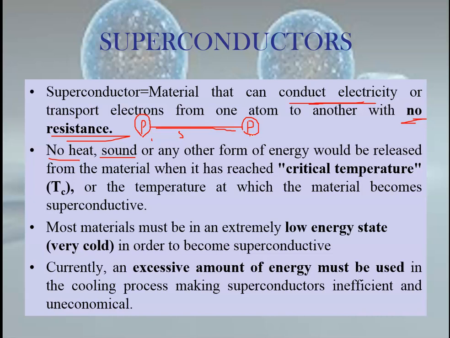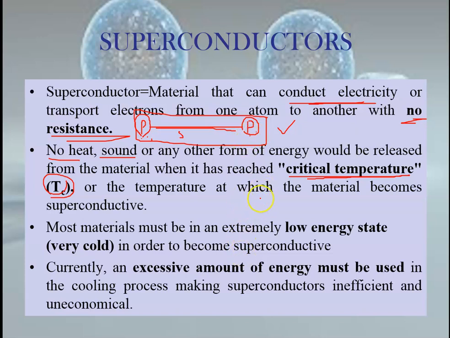Now, this only happens when the critical temperature, also symbolized as Tc, is in condition. Let's say these materials are at critical temperature and you are passing an electron from this point to this point. You will observe that no heat, sound, or other form of energy is released, so the work done will be 100% done, right?